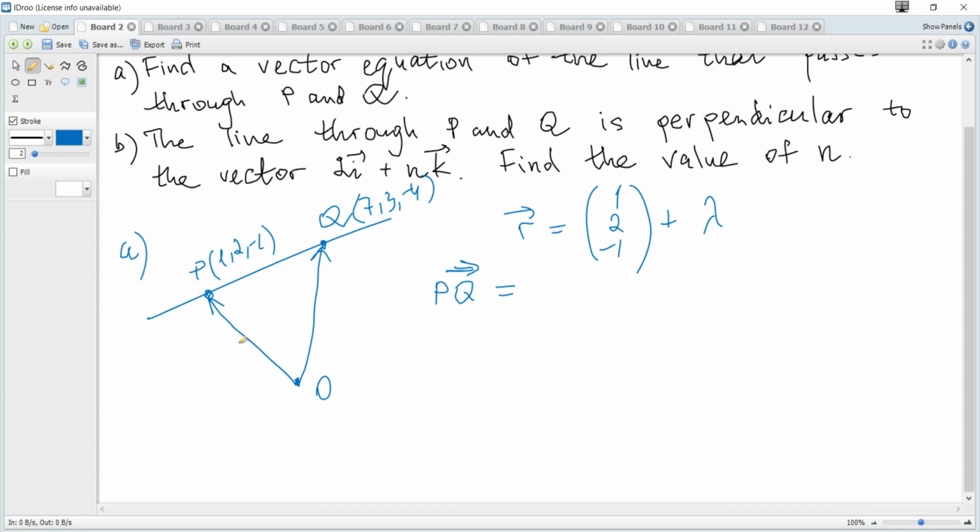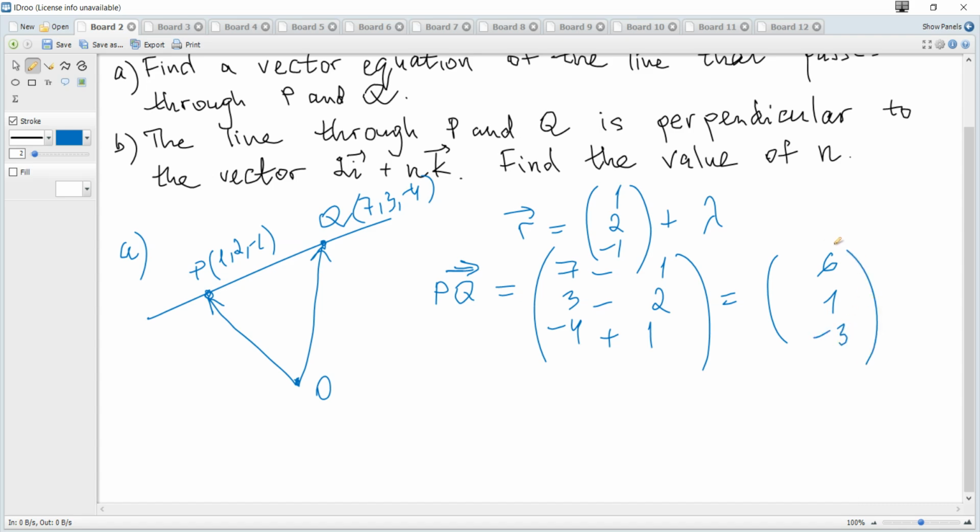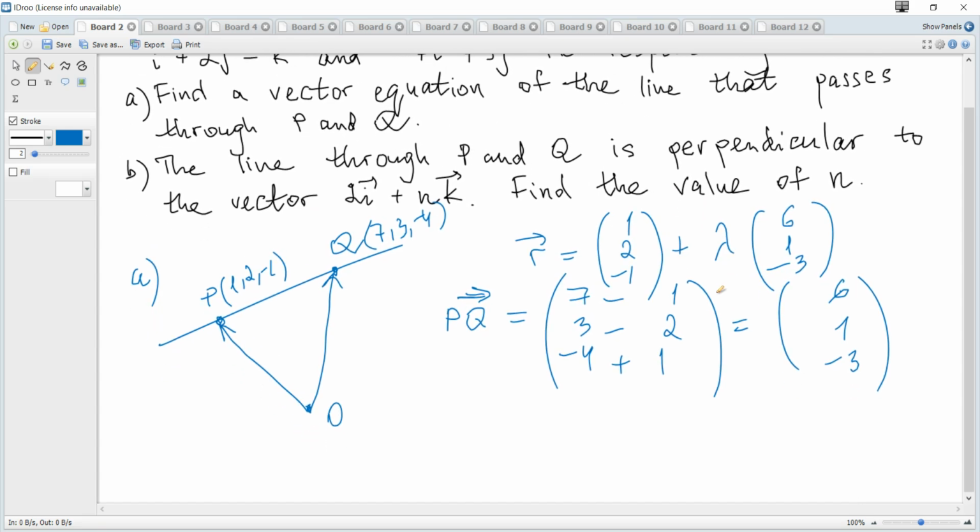Or you may say that the coordinates of the vector are the coordinates of the endpoint 7, 3, negative 4, minus the coordinates of the starting point, 1, 2, negative 1, and hence PQ has coordinates 6, 1, negative 3. We can take any multiple of this vector as the direction vector, 6, 1, negative 3, and it's the required equation of the line through P and Q.